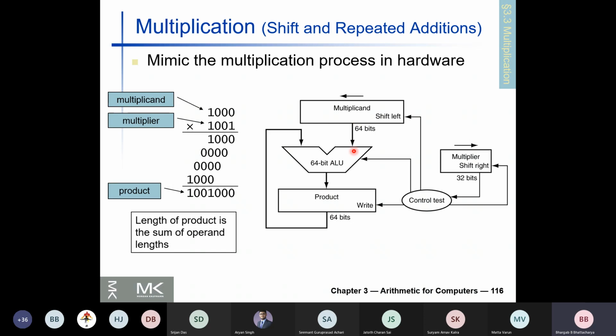So the multiplier is available here, and the sum of the partial product is available here. Keep on adding this, and finally, when the controller says that 32 bits are exhausted, the result is available here. So please look into this diagram a little bit carefully and see whether you understand the process.